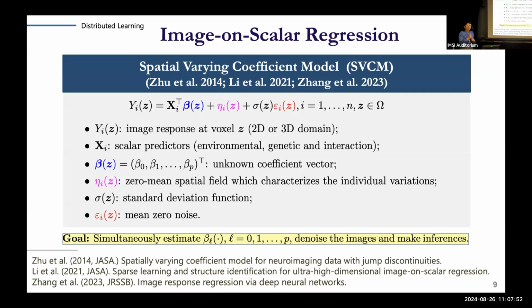This model is also called a spatially varying coefficient model, like Linglong just mentioned. The coefficient actually varies with the location, so it's called a spatially varying coefficient model. We try to develop simultaneous estimation and inference of these coefficients.